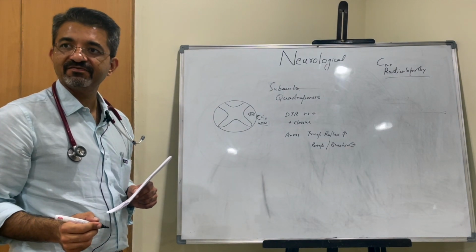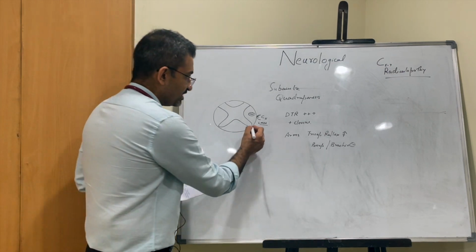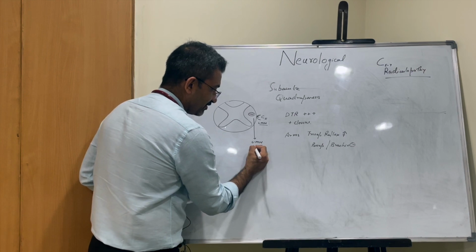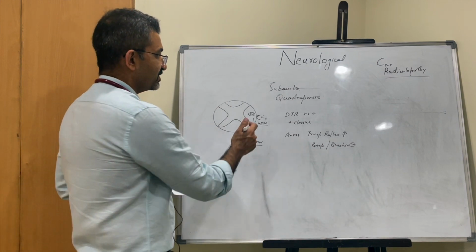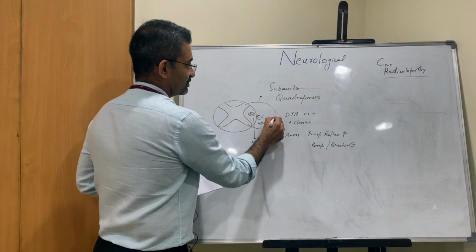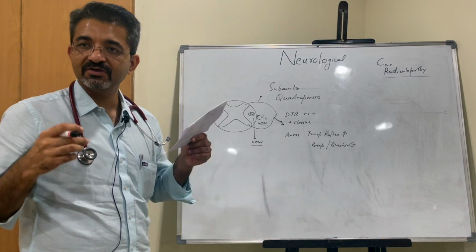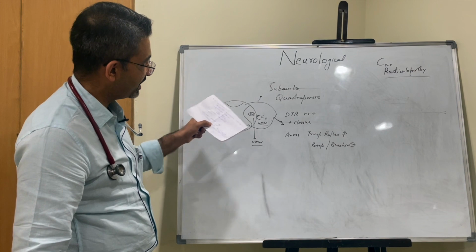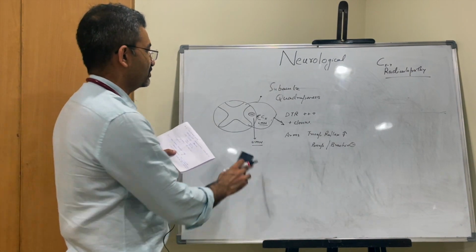Bicep and brachioradialis reflex are C5 reflex. So that goes away. But anything below the lesion will be UMN. That is the reason you have clonus, you have increased DTR in both limbs. This compression will cause involvement of your nerve roots. The nerve root impingement will cause shooting radicular pain in your both arms. Right? So this is how you can establish whether patient has cervical myelopathy due to any compression or not.